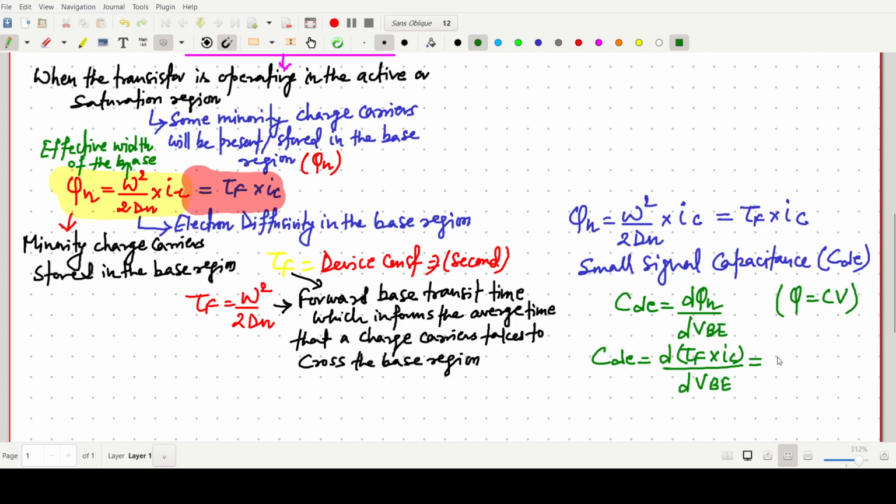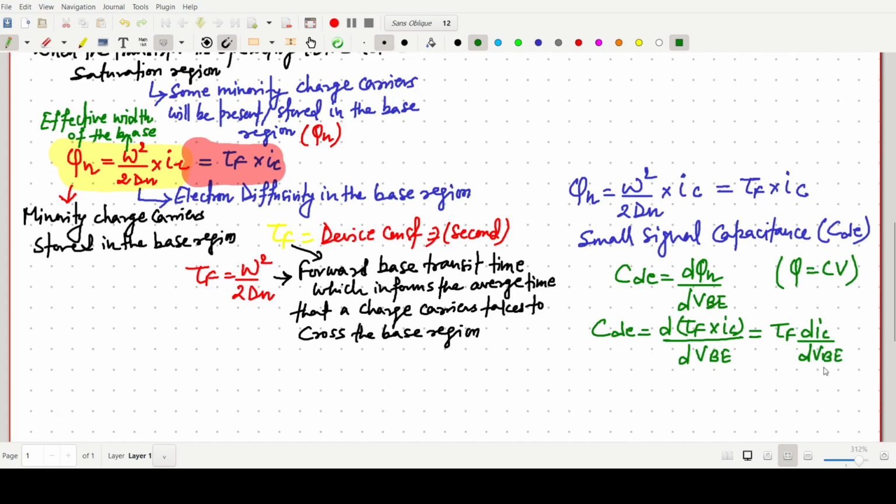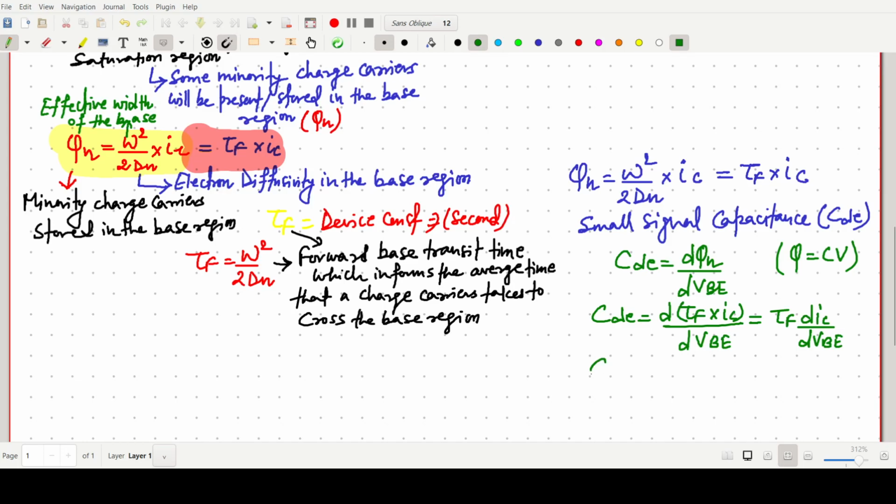So we can write tau f as a constant, so we can take it outside the differential. So tau f del IC by del VBE. So this CDE value is the small signal diffusion capacitance.